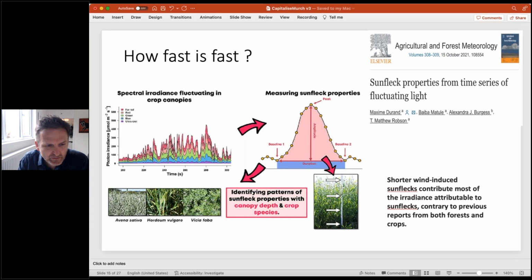Okay. And by using a fast spectroradiometer, they also found that in fact the wind-induced sunflecks were more important, contributed more of the irradiance compared to the traditional sunflecks from solar movement. In other words, fast fluctuations are important.